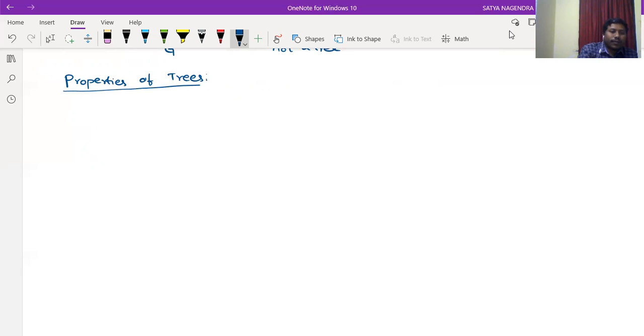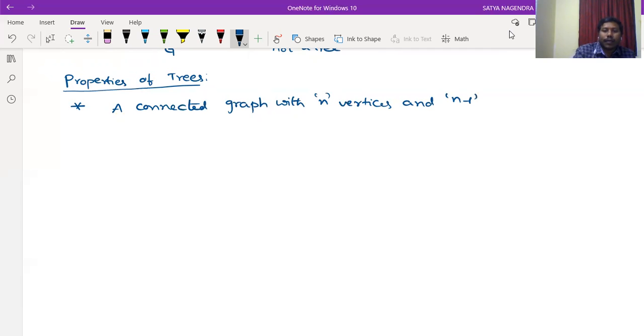So the first and very important point here: a connected graph with n vertices and n minus 1 edges is a tree.